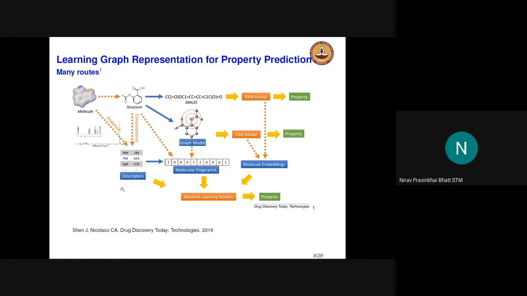Similarly, they use other descriptors like molecular weight, partial pressure, etc. to again create a molecular fingerprint. Often, people use both of them together to create molecular fingerprints and use standard RNN and CNN models to predict the properties.